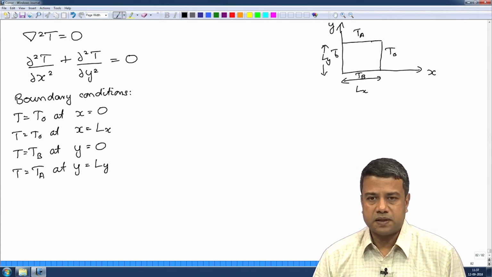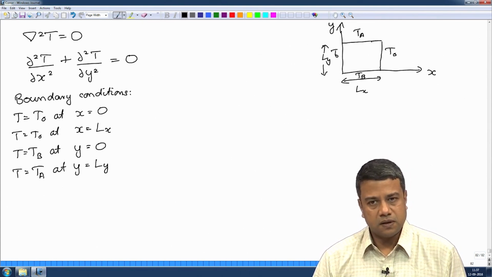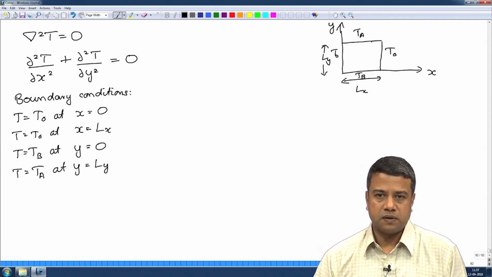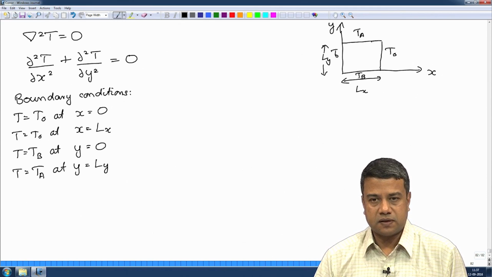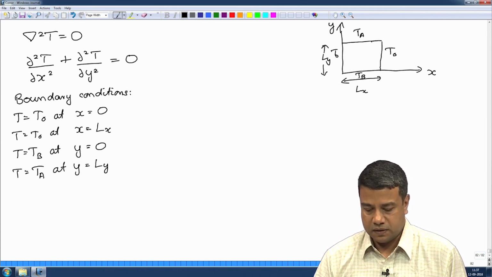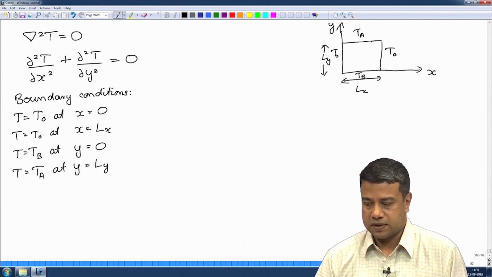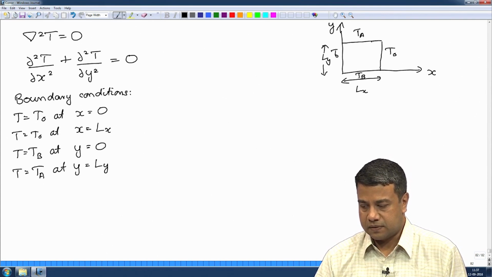Homogeneous boundary condition means either the temperature is 0 or the derivative of temperature is 0 or some combination thereof is 0. Okay, so those are homogeneous boundary conditions. In this particular case, I can ensure that the temperature is 0 on the surfaces at x is equal to 0 and at x is equal to Lx.